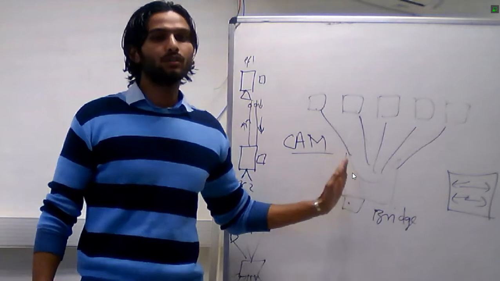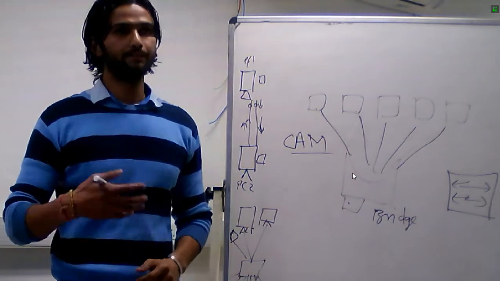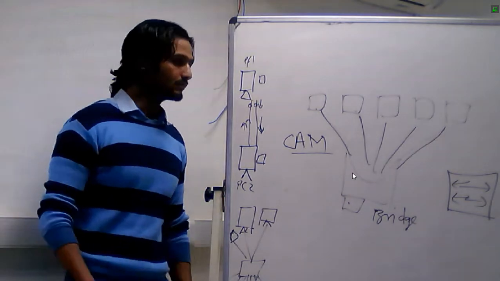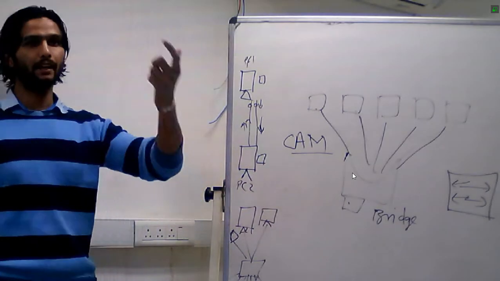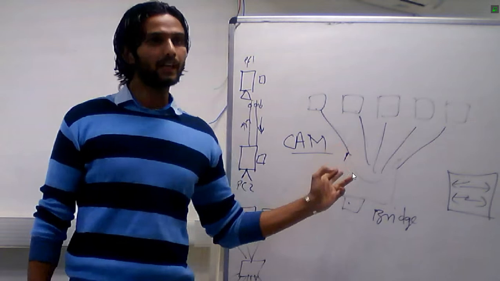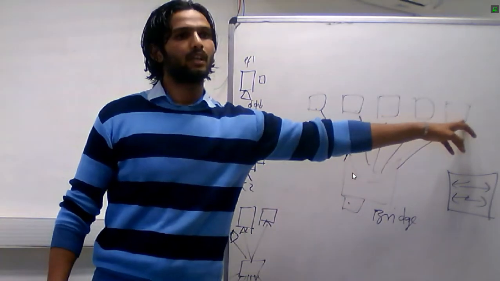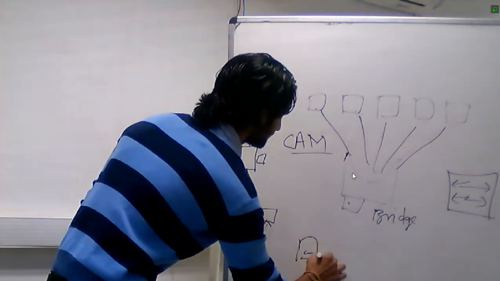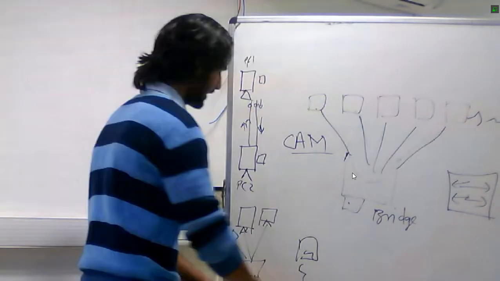And the switch also provides us loop-free operation. Loops happen when one packet, one request comes to this switch. It is like I am here doing Facebook, and another user is doing the same here. We are chatting.